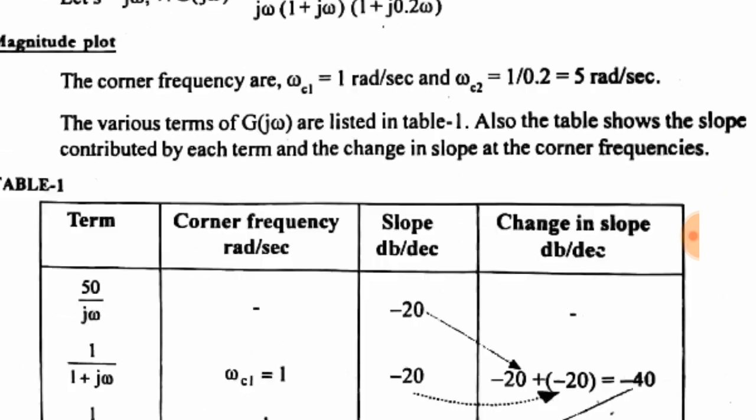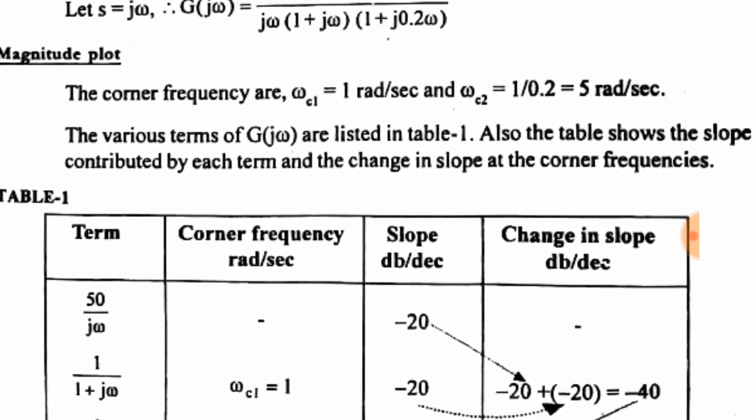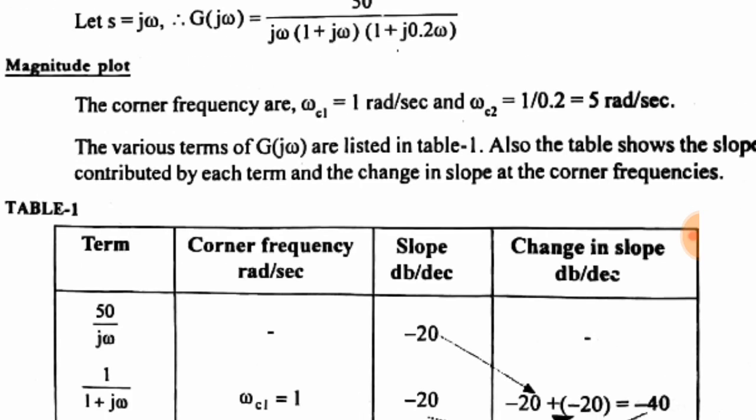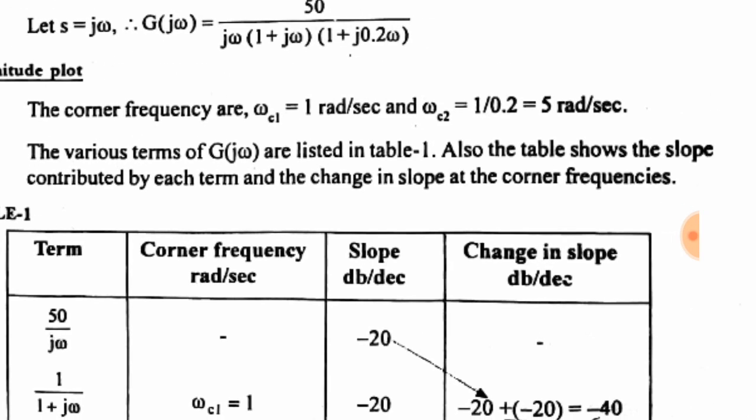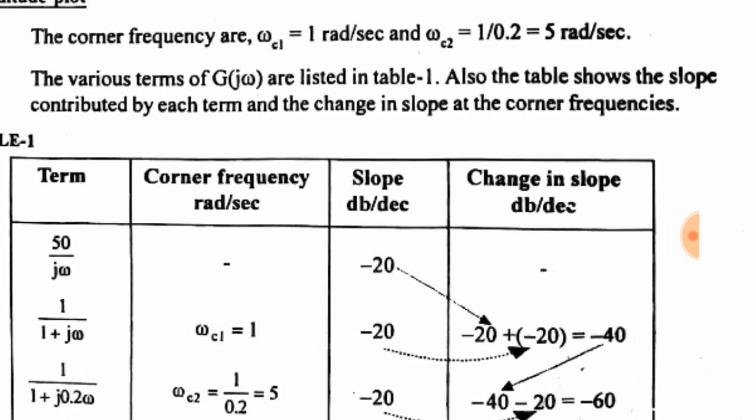First term we take as 50 by j omega, and j omega is in the denominator, so the slope will be minus 20 dB per decade. The other term is 1 by (1 + j omega).